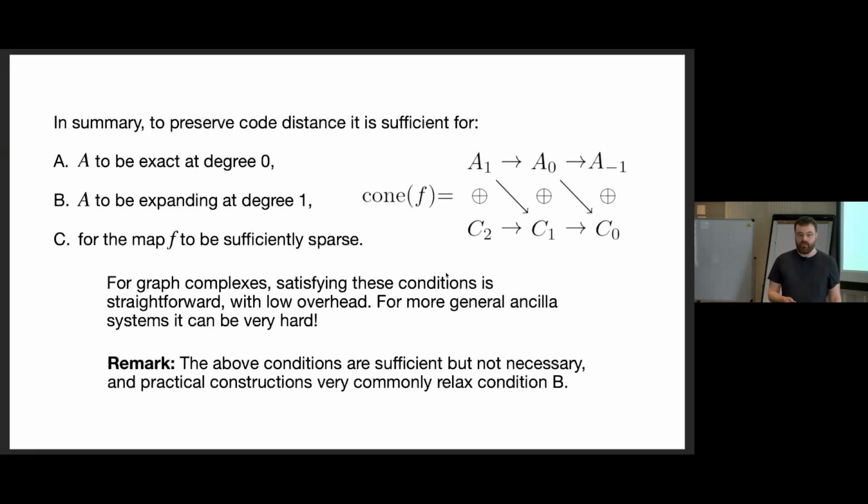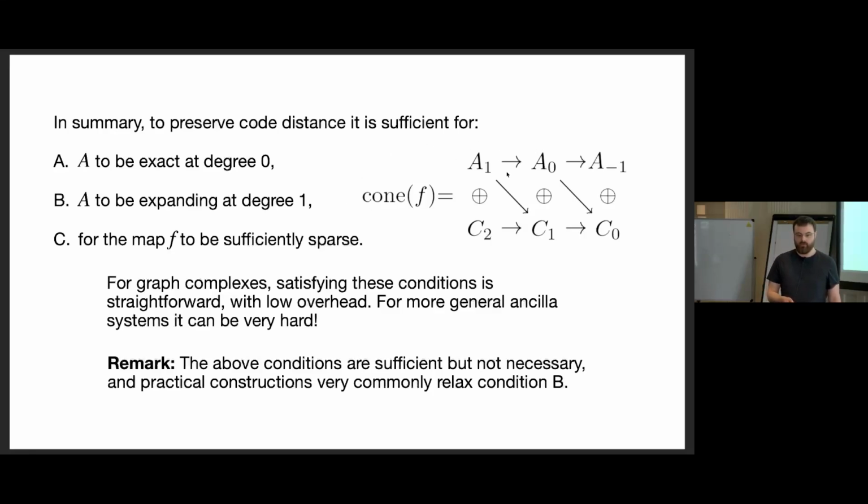Okay, so my vibes-based summary of the ingredients that you want in order to make this kind of coned code have good code distance is you want this exactness, so you don't introduce any new nefarious logical qubits. You want some kind of expansion at degree 1 so that you can clean safely.